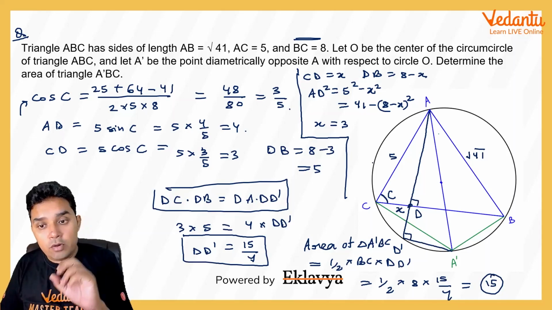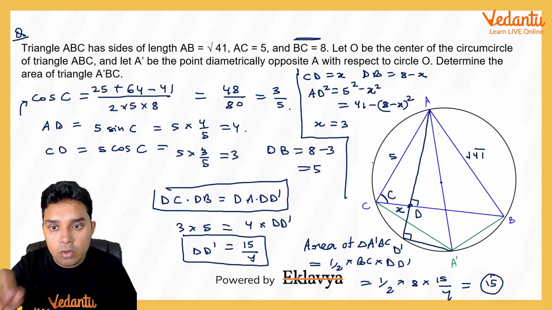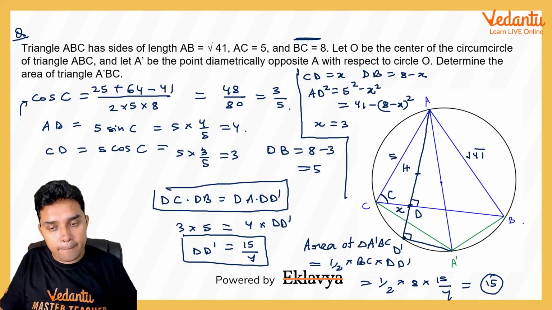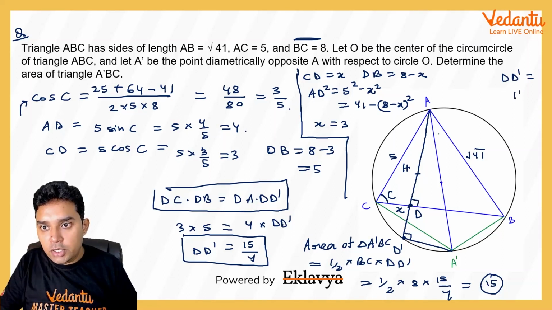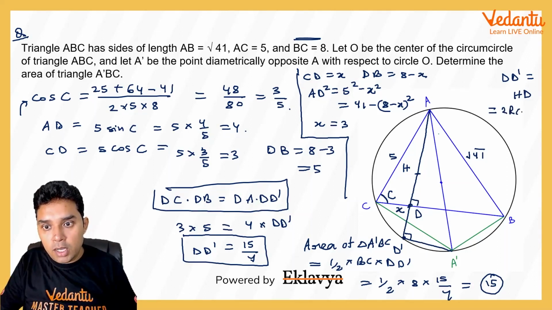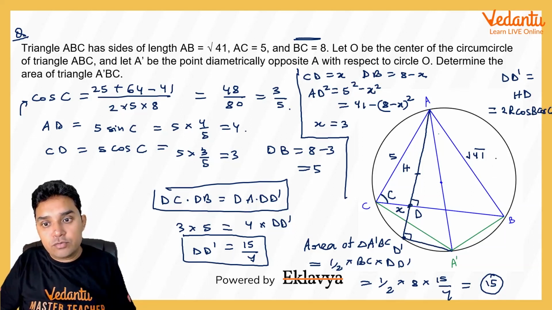Yeah, I was talking about one more property or one more thing about this question. Please see. If you are aware, this D' is the image of the orthocenter of this triangle in the side BC. Okay, so this DD' will be equal to HD also. And dear all, this HD is a standard result. This is equal to 2R cos B cos C, where R is the radius of the circumcircle.